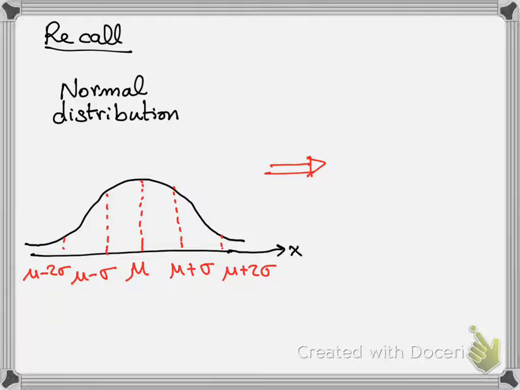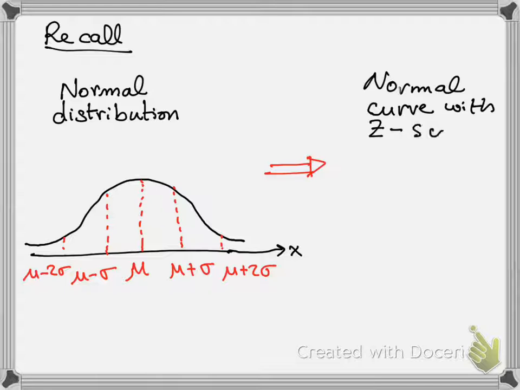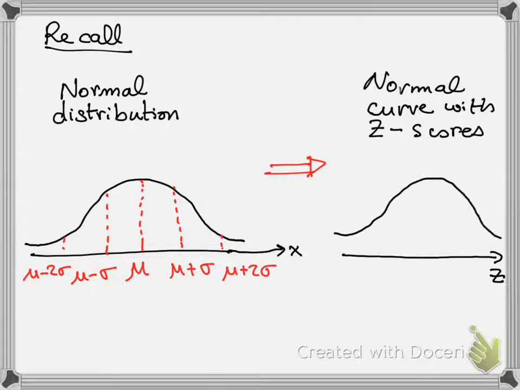Now, if you use the z-score, the normal distribution or the normal curve, the normal curve or function with the z-scores, now I'm going to use z as the variable. Here's z, and we have actually the same curve.